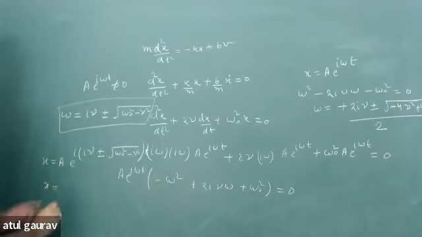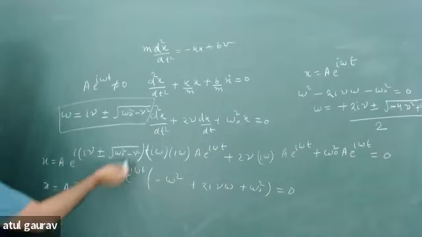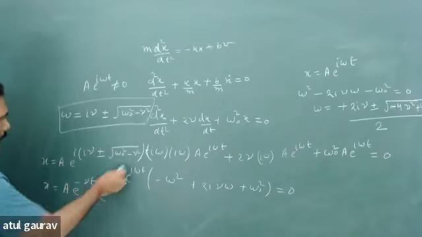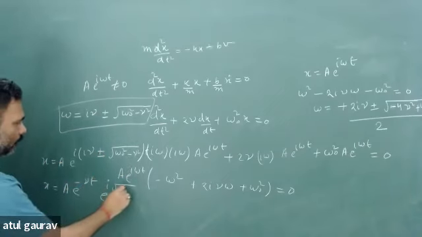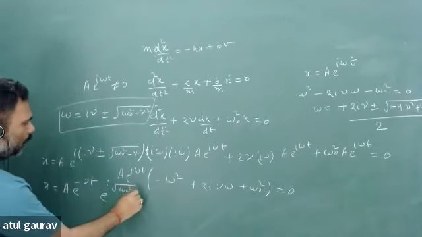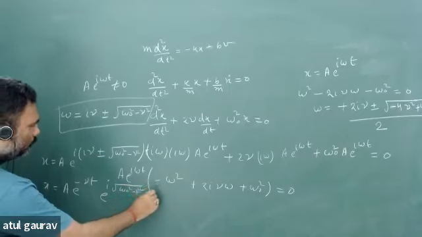And this x can be written as, i into i is -1, so a e to the power minus gamma t, and then e to the power i, some function, that is omega square minus gamma square into t.